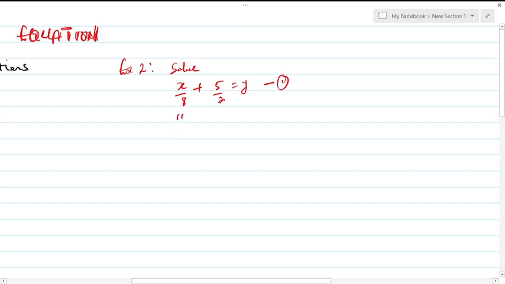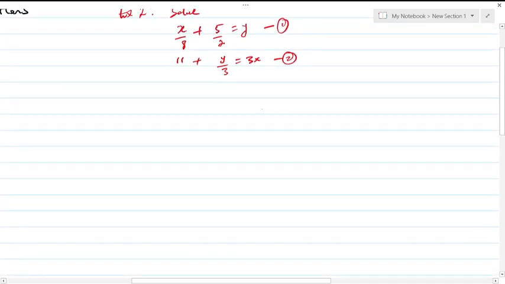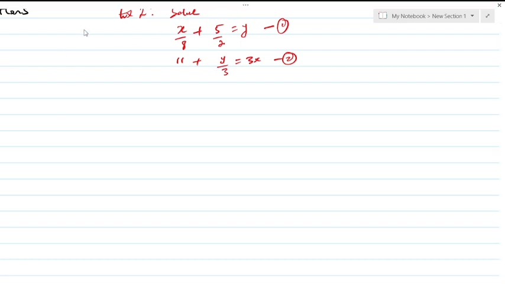Equation 2 is 11 plus y over 3 equals 3x. So, using the substitution method, I told you earlier that the substitution method works for all kinds of simultaneous equations. So it's better that you master it, gain more knowledge, and be grounded in using the substitution method.